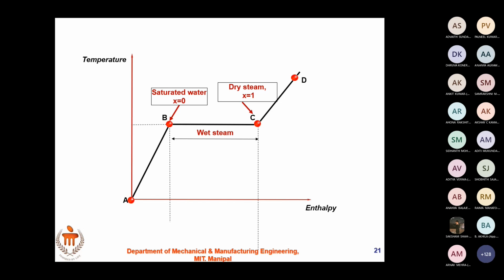Ma'am, the different states, like it starts from zero and then goes up, forms steam, and so on. Someone said it's a temperature enthalpy graph for the formation of steam from unsaturated water. Right.